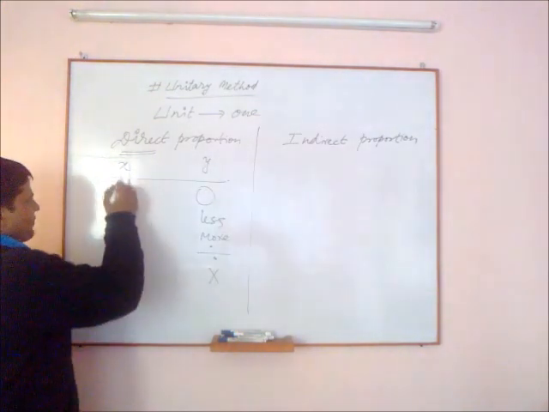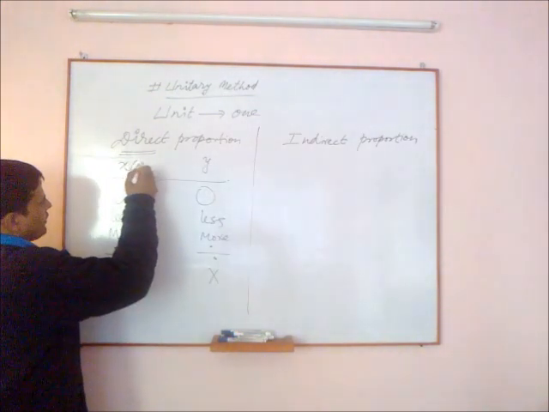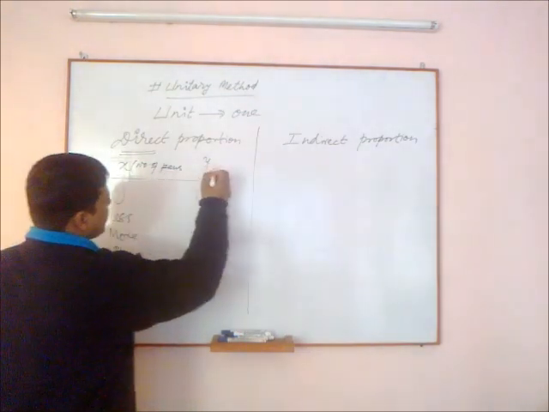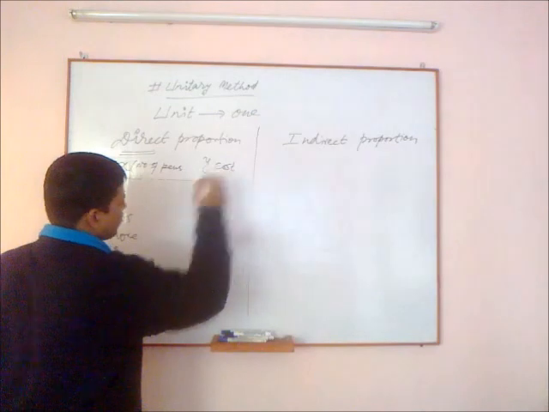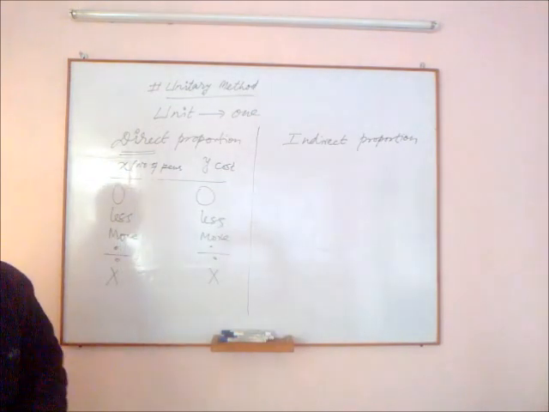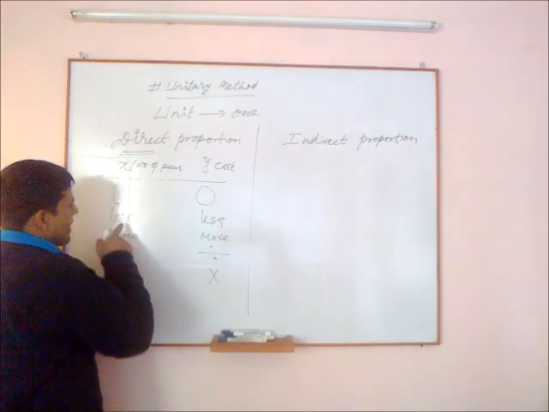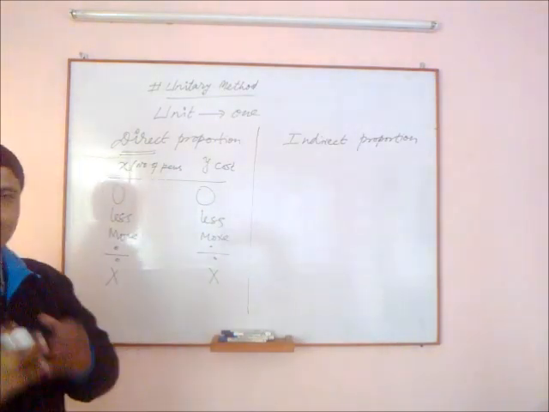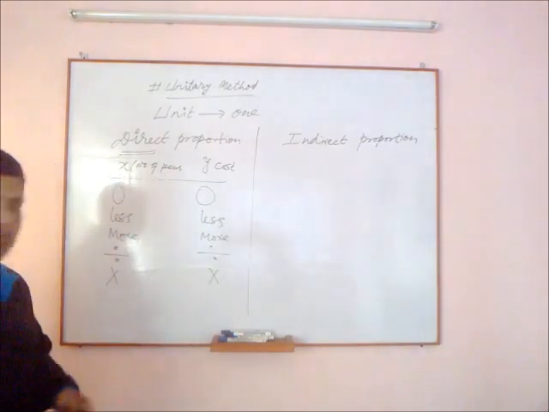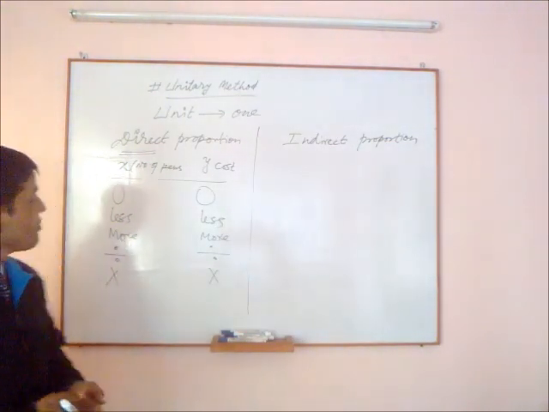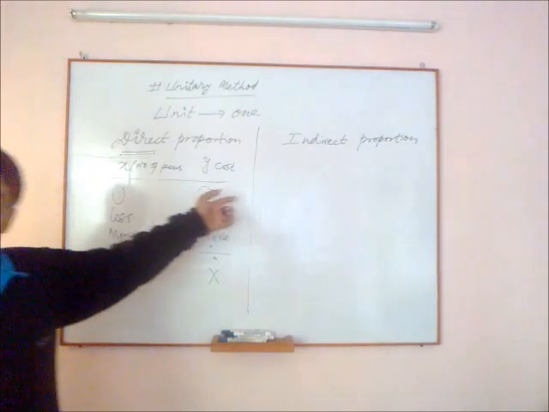For an example, suppose x is number of pens and y is cost or price in rupees. If the number of pens is less, few number of pens, then price will be less. If more pens we want to buy, then obviously we have to pay more.